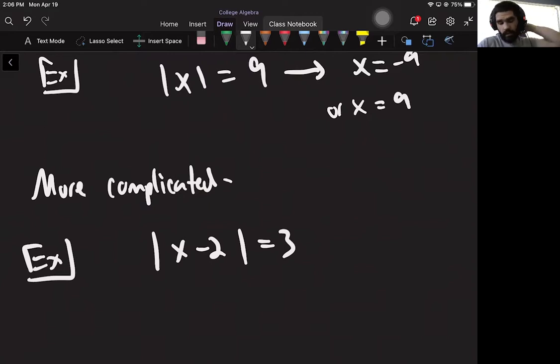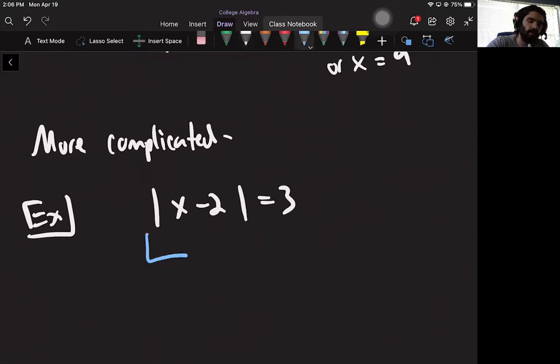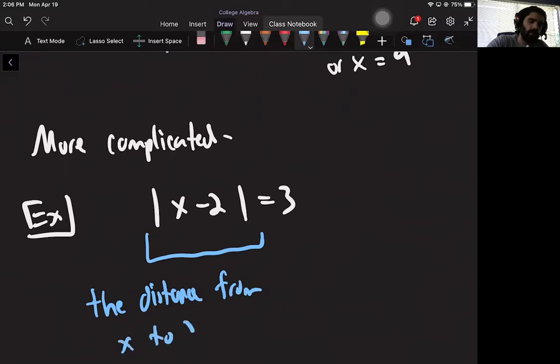Again, we're going to think about the left side as the distance from x to 2. That's what this is really saying. The distance from x to 2 is 3. That's what this equation is saying.